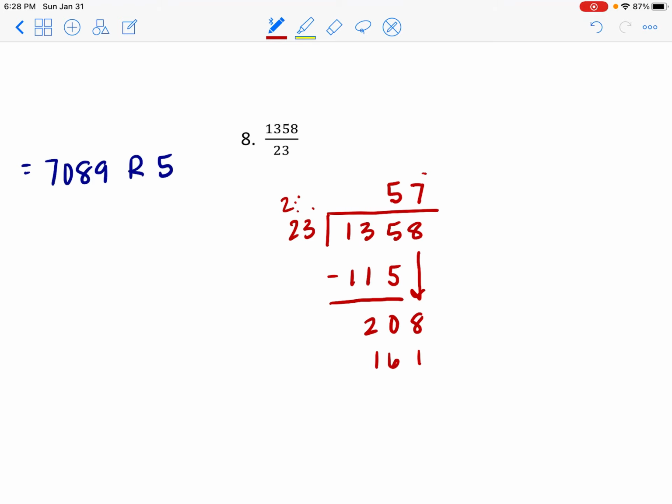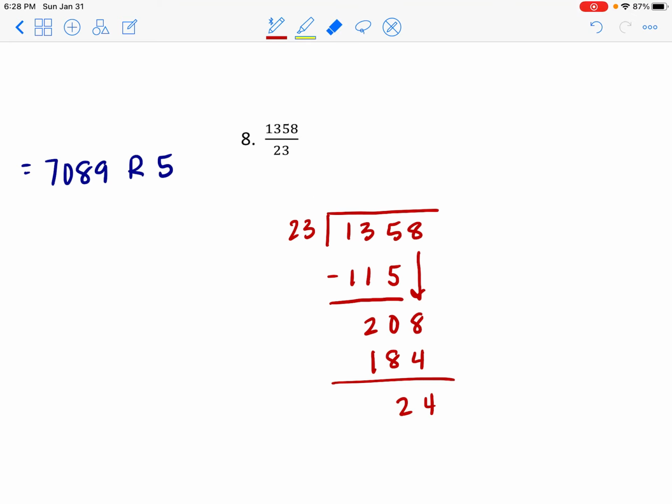And yeah, my remainder is going to be too big. So let me try 8. 8 times 3 is 24, so there's 4. I'm going to carry the 2. 8 times 2 is 16, plus 2 is going to be 18 here. And am I good now? Let's see, 24, nope. Okay, still not good enough.